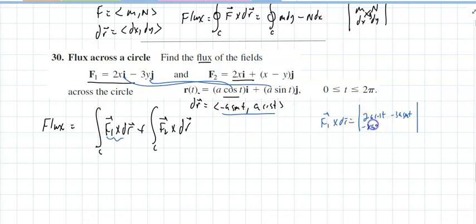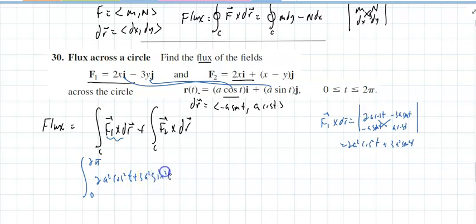That's negative a sine of t and a cosine of t. So that would be 2a squared cosine squared of t, so plus 3a squared sine squared of t. So here it's going to be the integral from 0 to 2 pi of twice a squared cosine squared of t plus 3a squared sine squared of t dt.